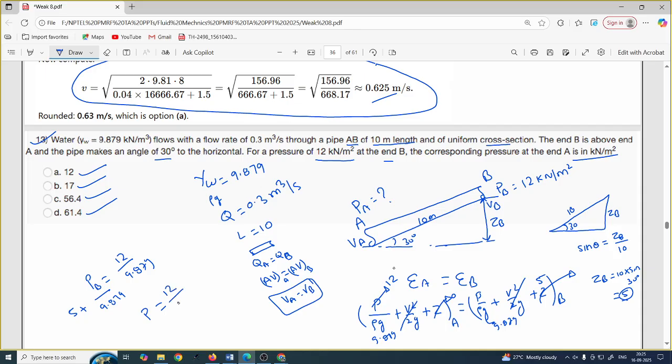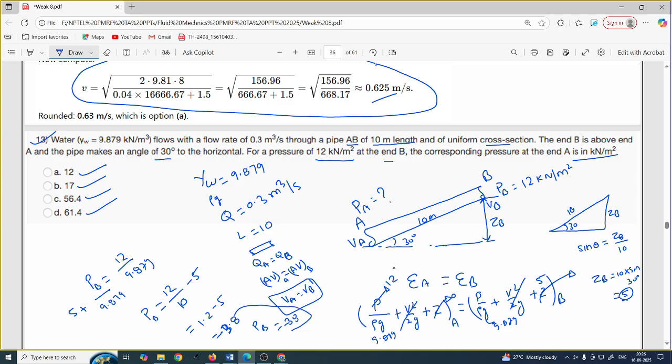12 divided by, if I consider 10, let us consider 10 minus 5, so your PB is equal to 1.2 minus 5, so you will get 3.8, minus 3.8, and if this is 10, this is 38.